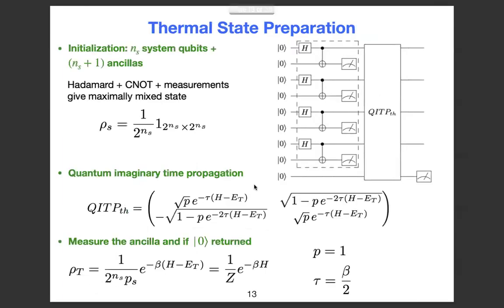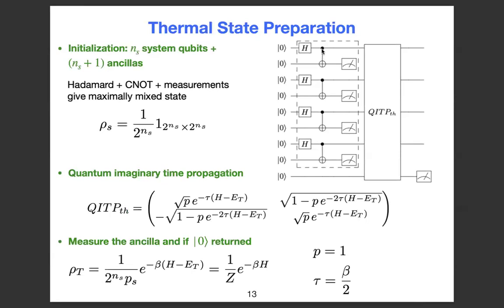Okay, let me talk about the details of the thermal state preparation. This is a detailed circuit for the thermal state preparation. In the beginning, we just have 4 qubits, the first one, third one, fifth one, and seventh one, describing the system. The first step is to prepare an infinite temperature state, or the maximally mixed state.